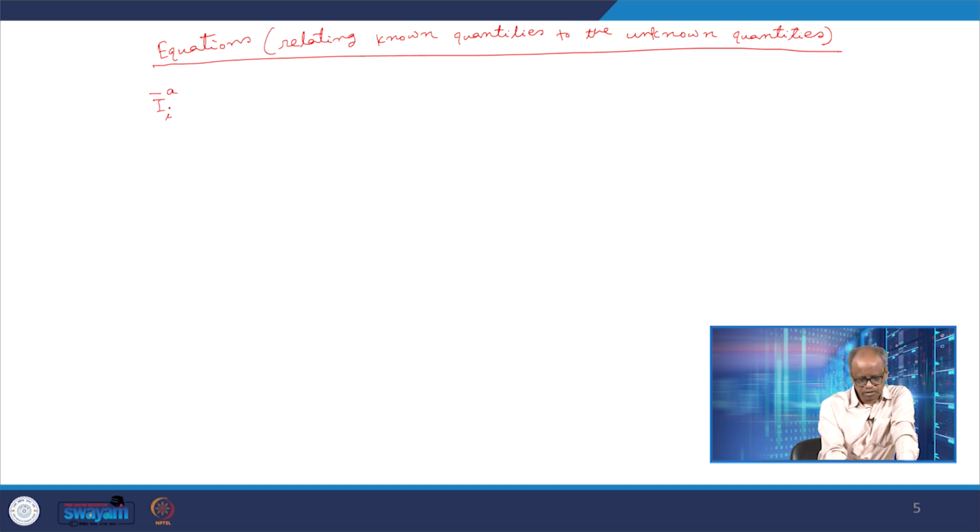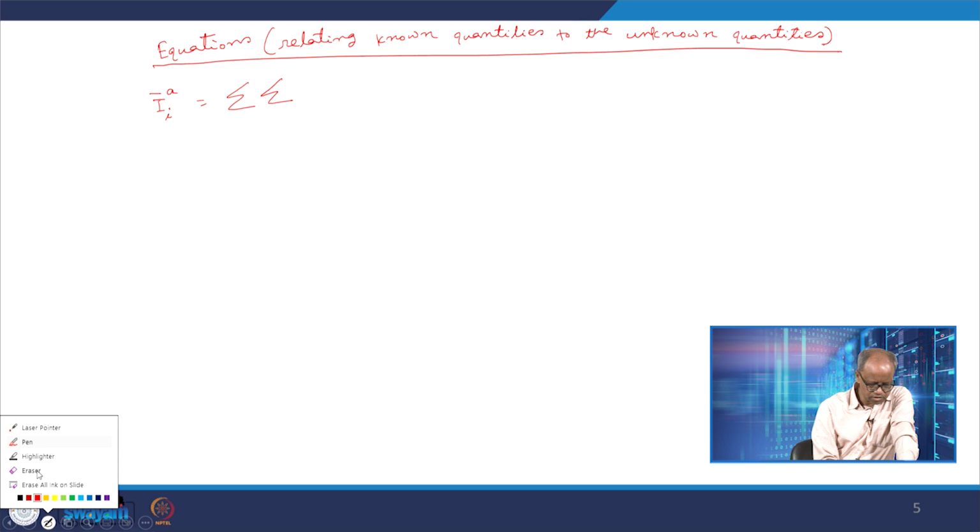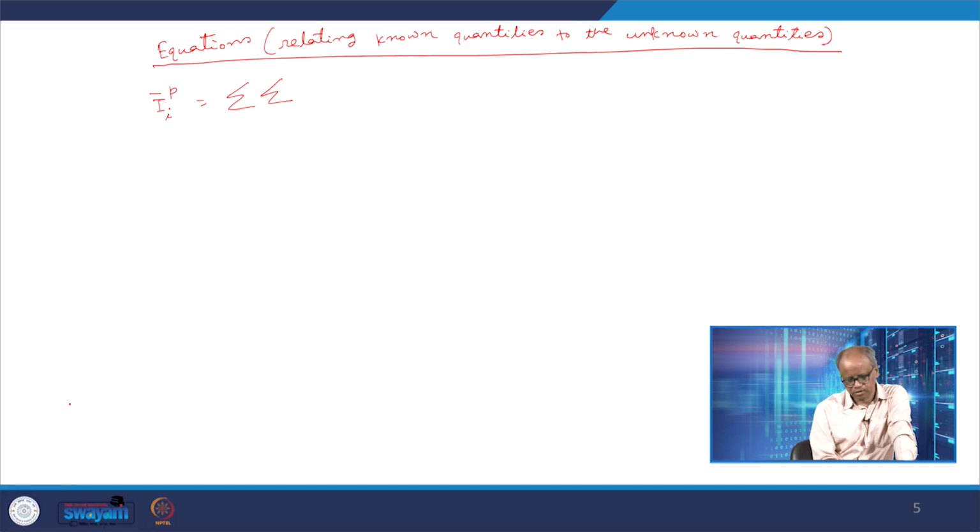We have already seen it. IIP, for L equal to A, B, C, and J equal to 1 to N plus M. Why it should be N plus M, we have already discussed.